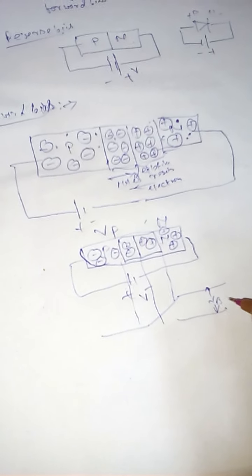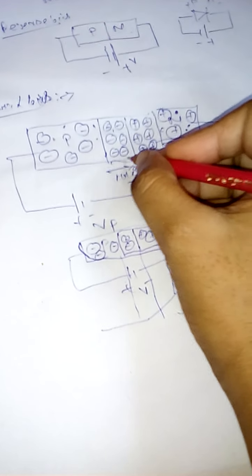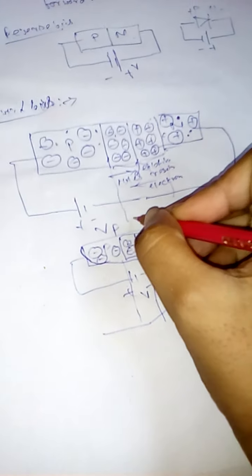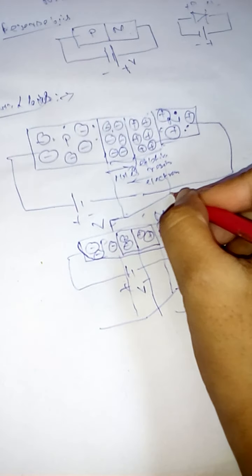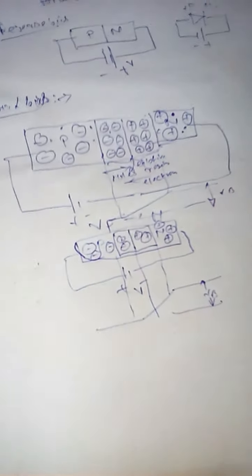This is the barrier potential, PB, it is called, and at first this was the PB. So the barrier potential is reduced.